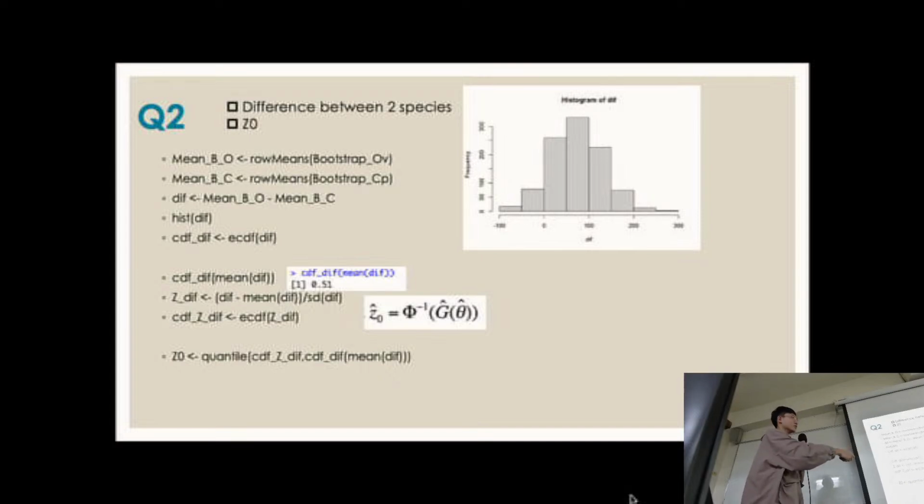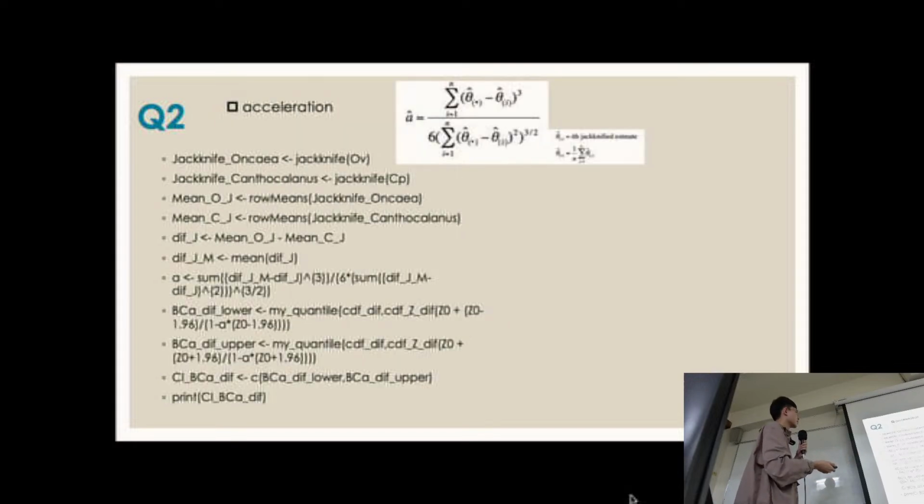So it's incorrect again, but yes, we need to know whether it's biased or not, and to get the Z0 value. So the observation is followed by the jackknife. It's the same as question 1.